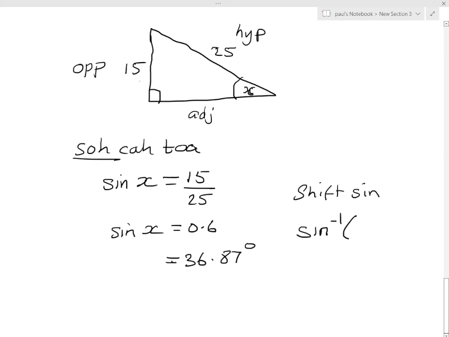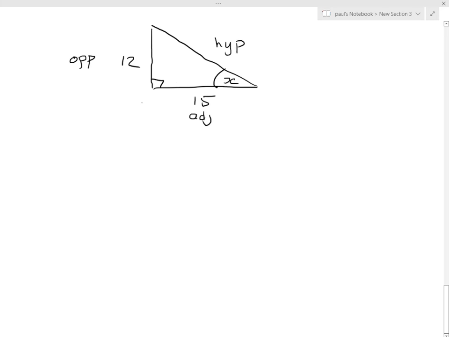Let's do one where we've got the opposite and the adjacent. So you do have to rearrange formulas sometimes, but the SOH CAH TOA gives you the way. Let's find that one, and we'll have 12 and 15 there, and so we label them up. We've got to find the angle x, so this is the opposite, this is the adjacent, this is the hypotenuse, and we write down SOH CAH TOA.